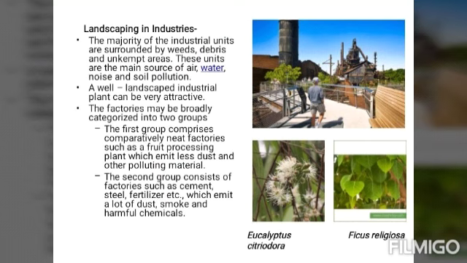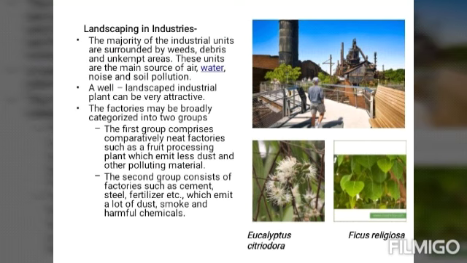Or there are some industries or factories that throw the waste from a pipe, and that pipe goes directly to the river or to the water, and it creates water pollution.